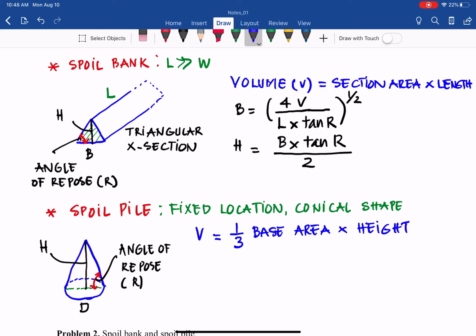And to determine the base, in this case the base is the diameter D. So we have D equal to, with the transformation of this equation, the cube root of 24 times V divided by pi times the tangent of R.